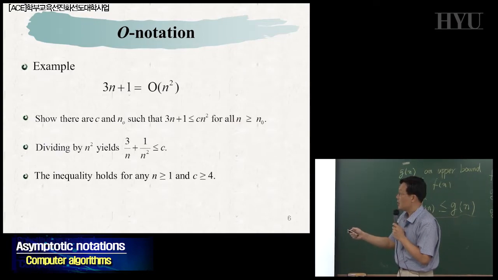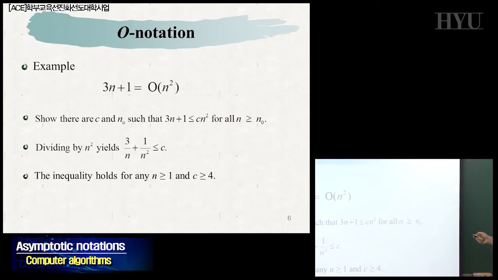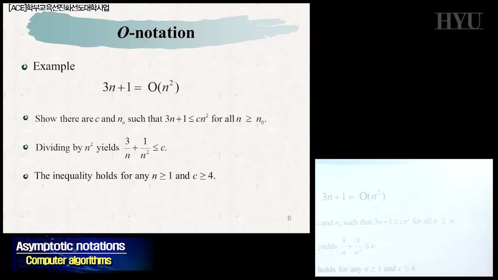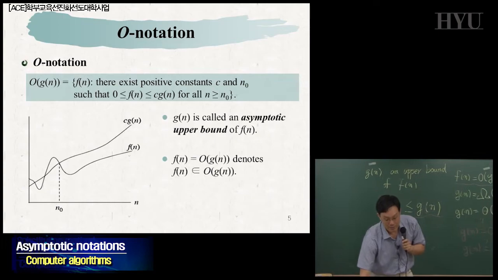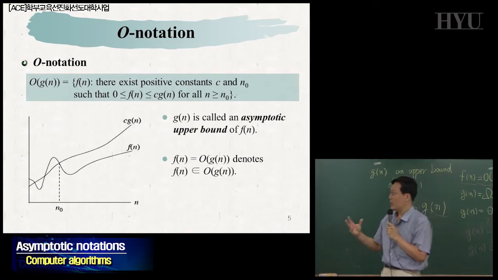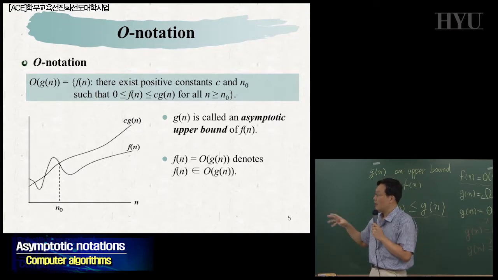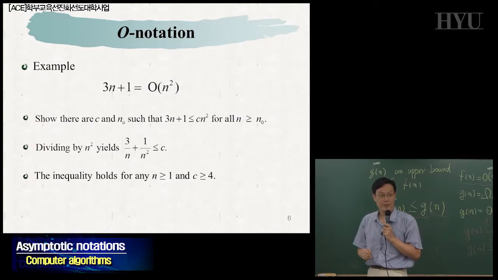So the degree of the right-hand side is bigger than the degree of the left-hand side. So 3n plus 1 is big O of n squared. But this time, I'll explain that it is true using this notation.